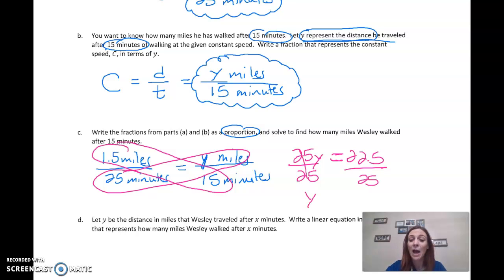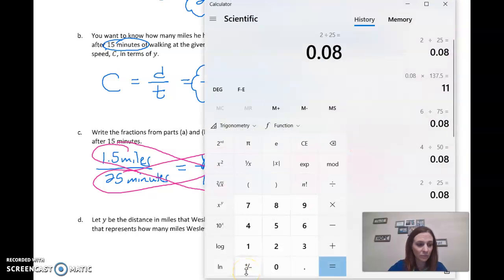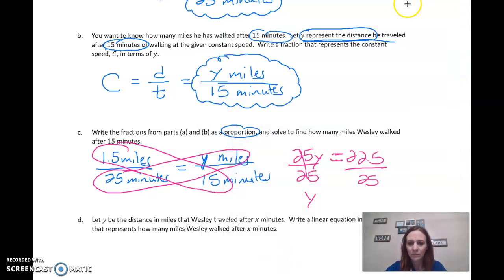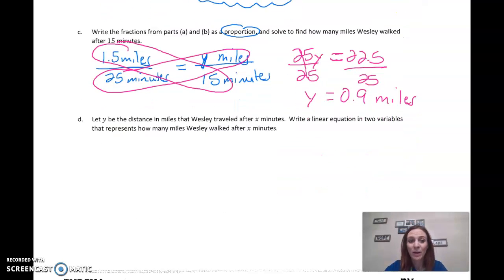And y, our number of miles, is 0.9. So 0.9 miles.